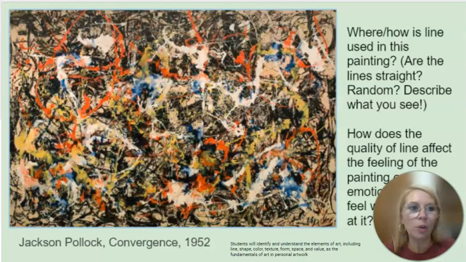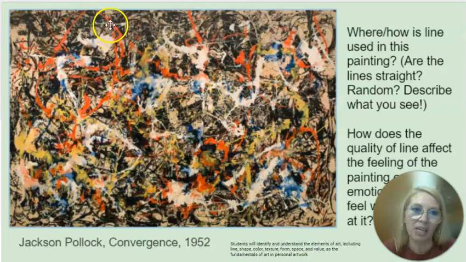Okay, so now that you have gone through the Elements of Art notebook, I want you to look at this painting in particular. How is line used in this painting now that you've learned a little bit about line? What do you see? Are the lines straight? Are they random? If you like, you can take your mouse and trace some of the lines.